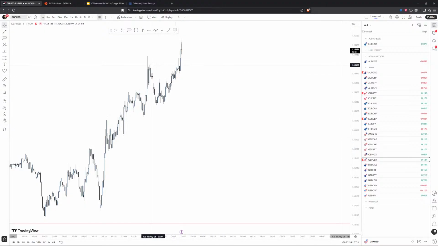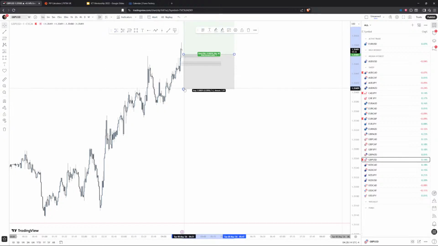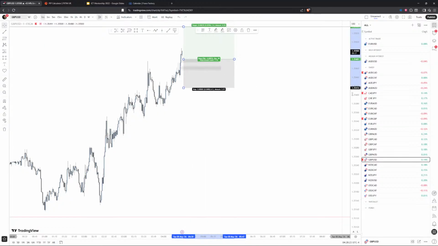There is value up here. Low hanging fruit. There's one over here. You can even get in potentially here. My stop loss maybe like over here.